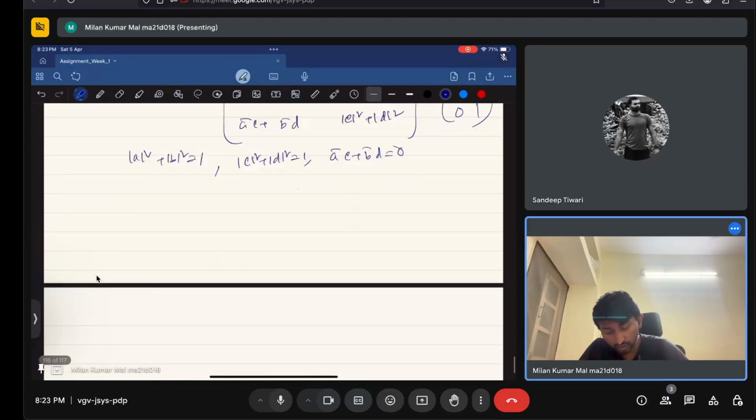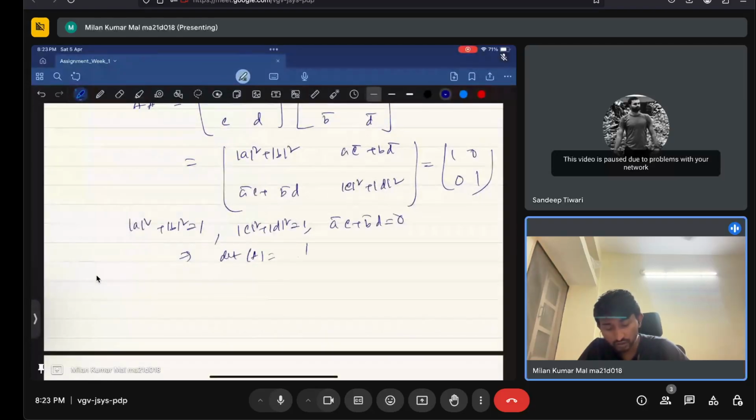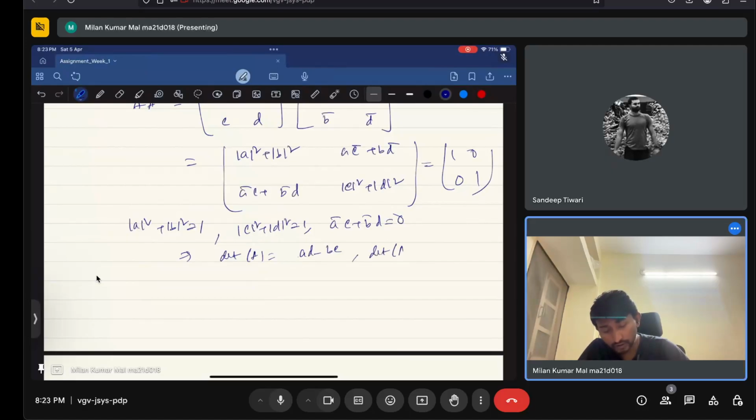So also, as determinant of A is equals to AD minus BC, and determinant of A star is equals to AD minus BC bar, and also determinant of A star is equals to mod of AD minus BC square, that we know.